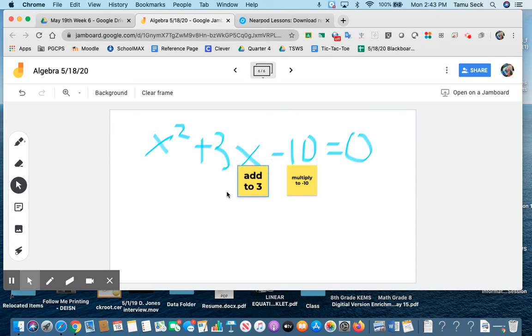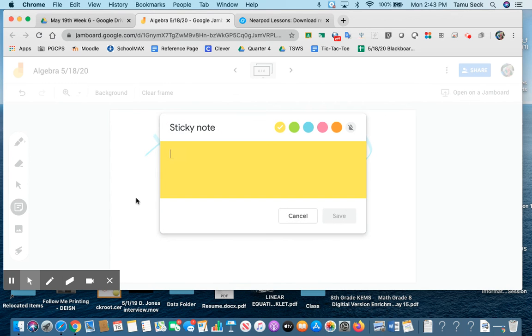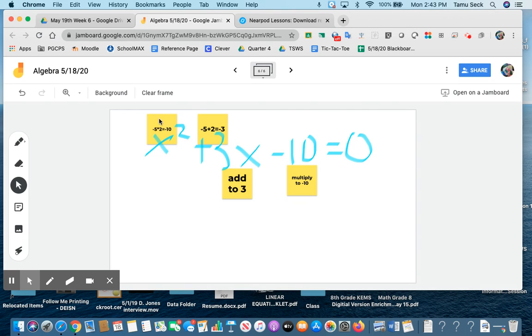So those two numbers are negative 2 and 5. Negative 2 times 5 is equal to negative 10, and negative 2 plus 5 is equal to 3. So we're looking for two numbers that multiply to negative 10 but add to 3. So those two numbers are negative 2 and 5.